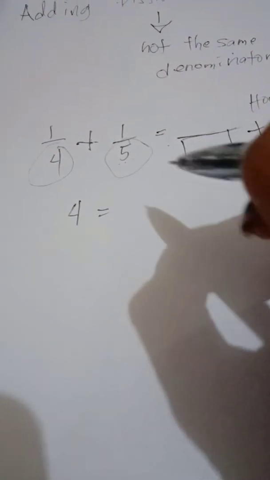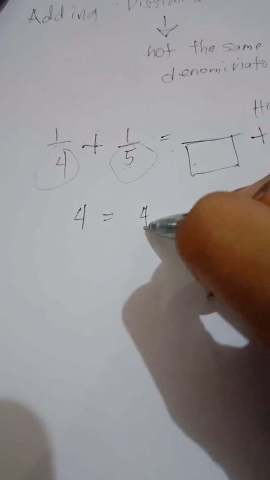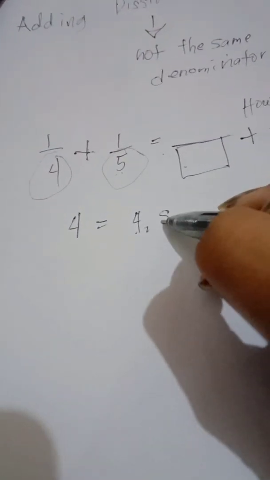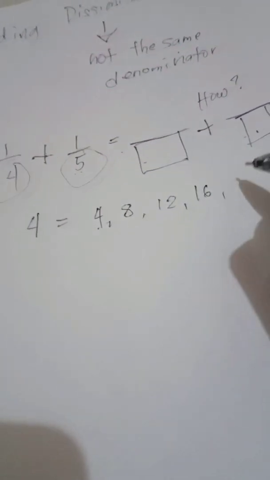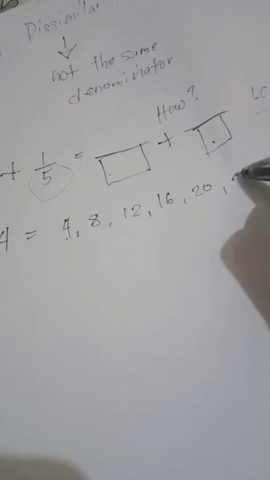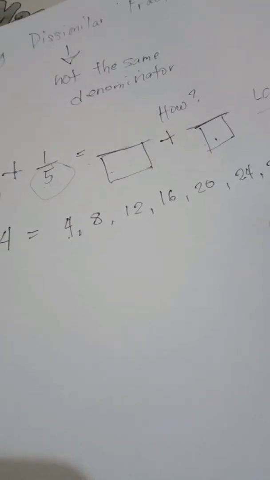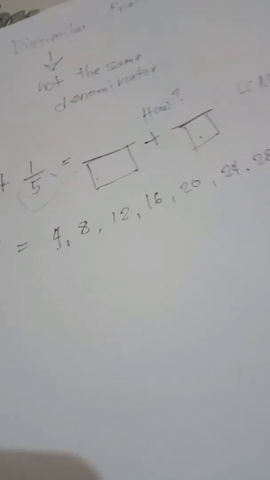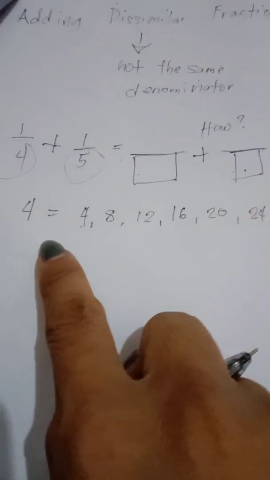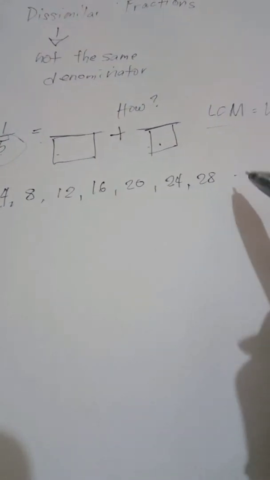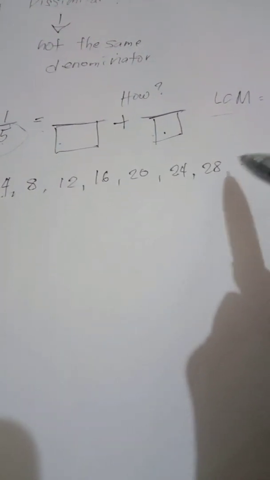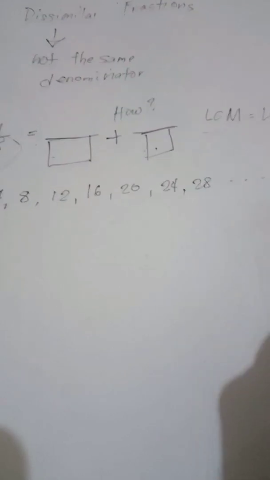What are the multiples of 4? Start at 4. Next, 8, 12, 16, 20, 24, 28, and so on. There are many more. If you want to add more, the next are 32, 36, and so on. But let's stop here.